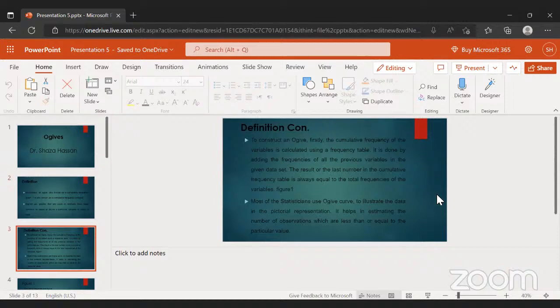To construct an ogive, firstly, you have to calculate the cumulative frequency of the variable using the frequency table. It is done by adding the frequencies of all previous variables in a given data set. The last number of the cumulative frequency table is always equal to the total frequencies.